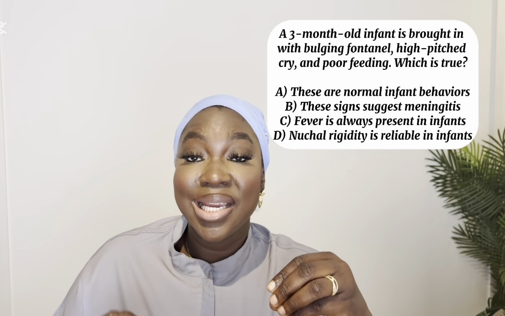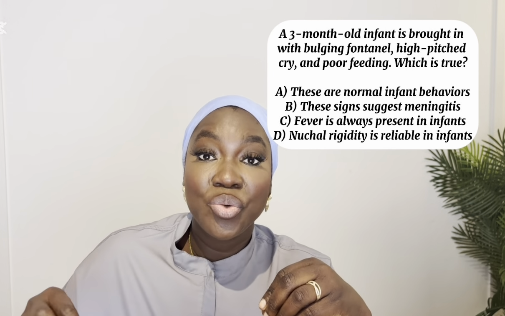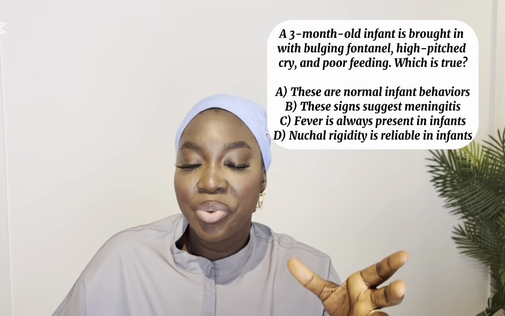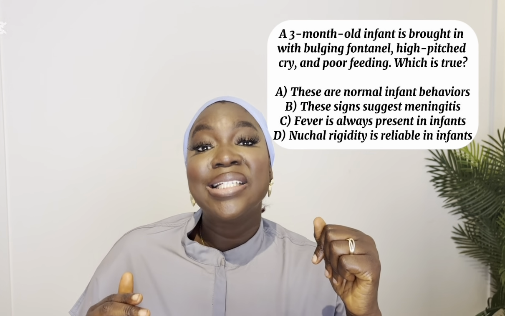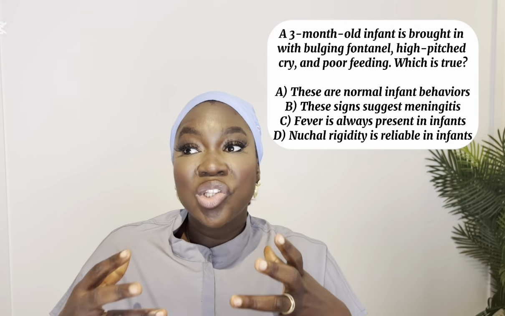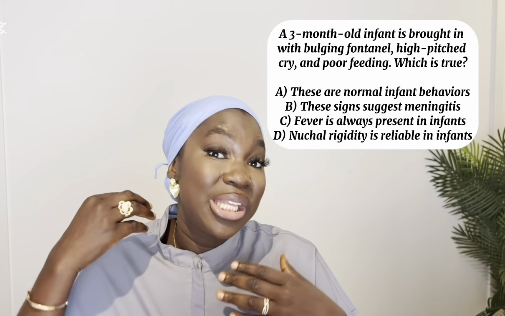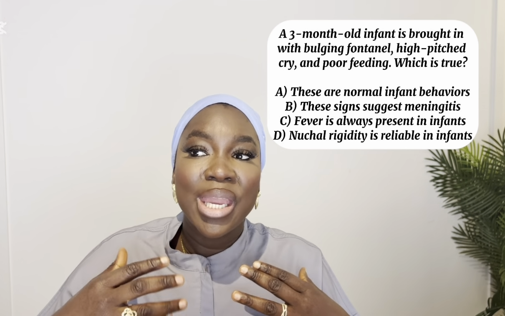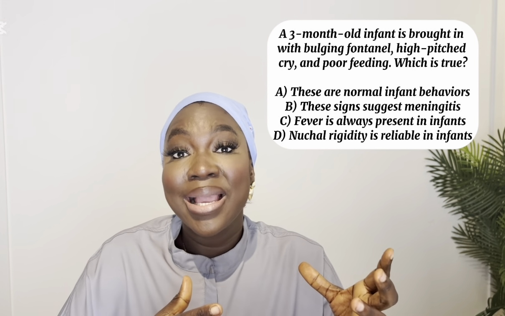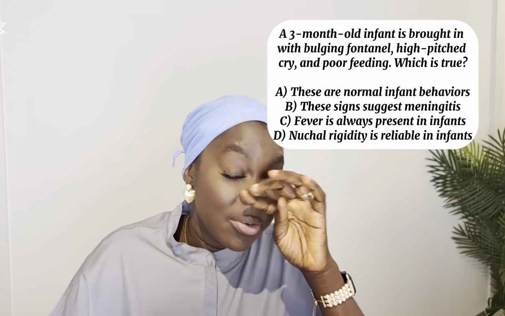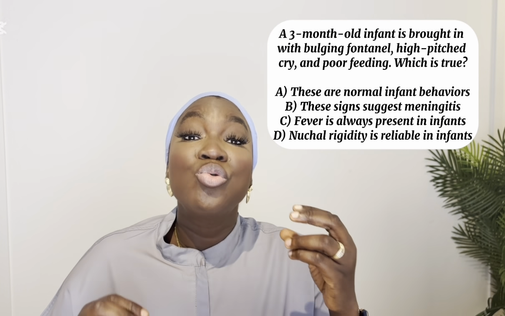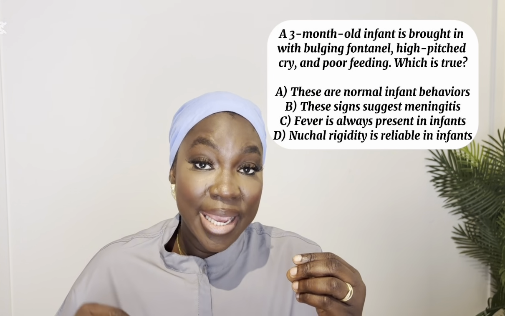I've listed to you the signs and symptoms you will see of meningitis. You will see in adults, in older children, but this is infants, because it is hard or sometimes impossible to see stiff neck in infants. They are babies. They will not be able to tell you they are feeling pain in their neck. So you cannot use those hallmark signs and symptoms of meningitis you see in adults to determine meningitis in infants.